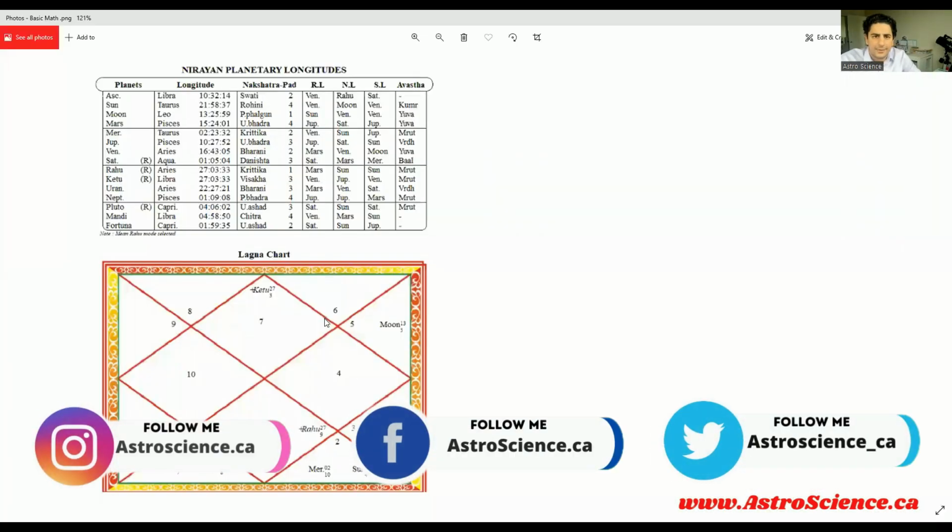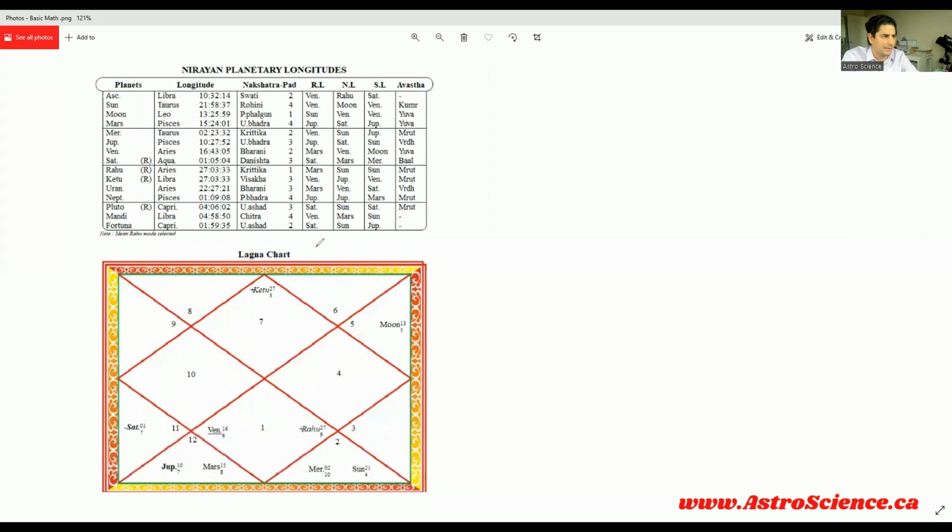As you can see on the screen, we have a birth chart, which is also called the lagna chart, or the ascendant chart. The chart below is the ascendant chart, and above it we have all the coordinates for the planets, the degrees, the ascendant.